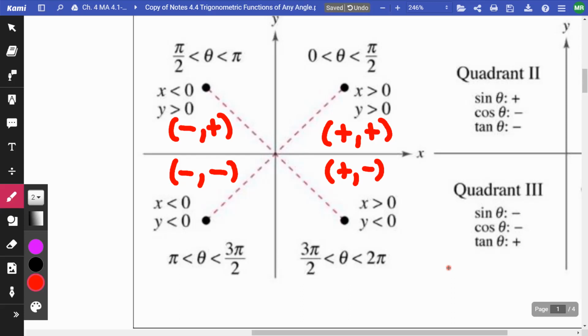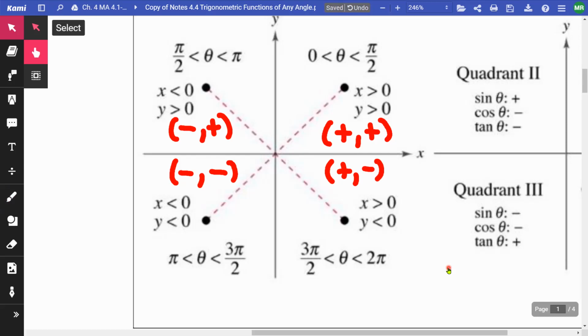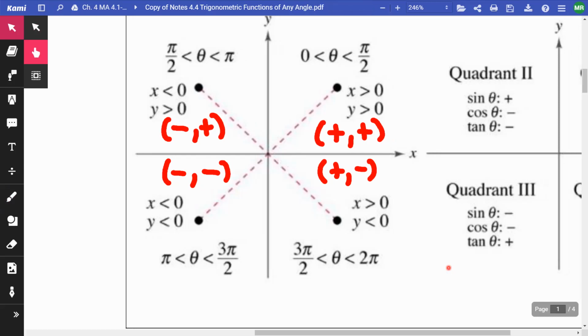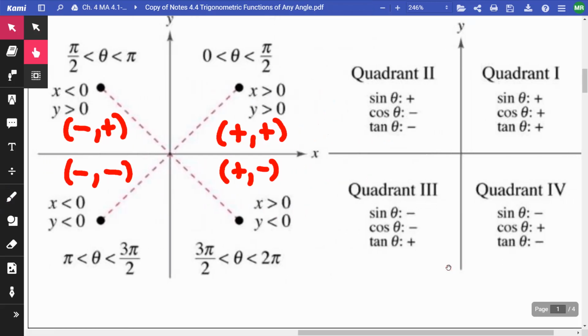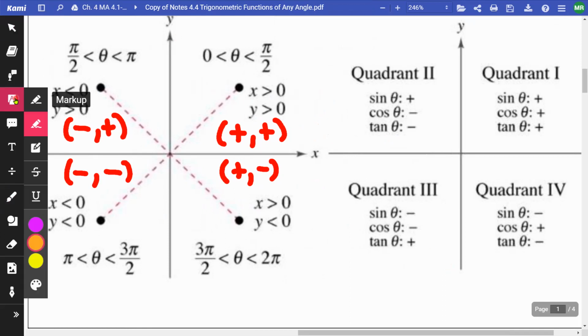Now, if you think about these in terms of sine and cosine, remember that my sine on my unit circle is going to be associated with my y coordinate. So wherever my y coordinate is positive, my sine is positive, or my y coordinate is negative, my sine is negative.